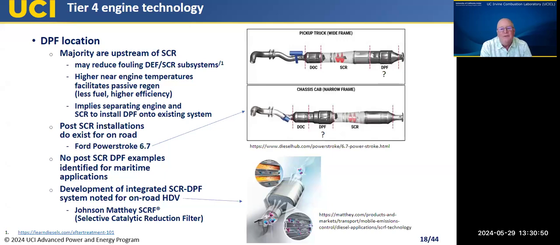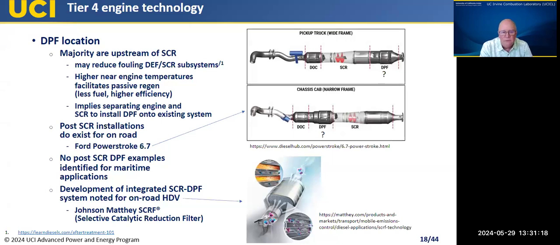Otherwise, the DPF in most systems that use DPF sit between the engine and the SCR. There's an example from Ford, their Power Stroke 6.7 engine. They do have the DPF after the SCR, so that can be done. We didn't find any maritime applications that had the DPF after the SCR.